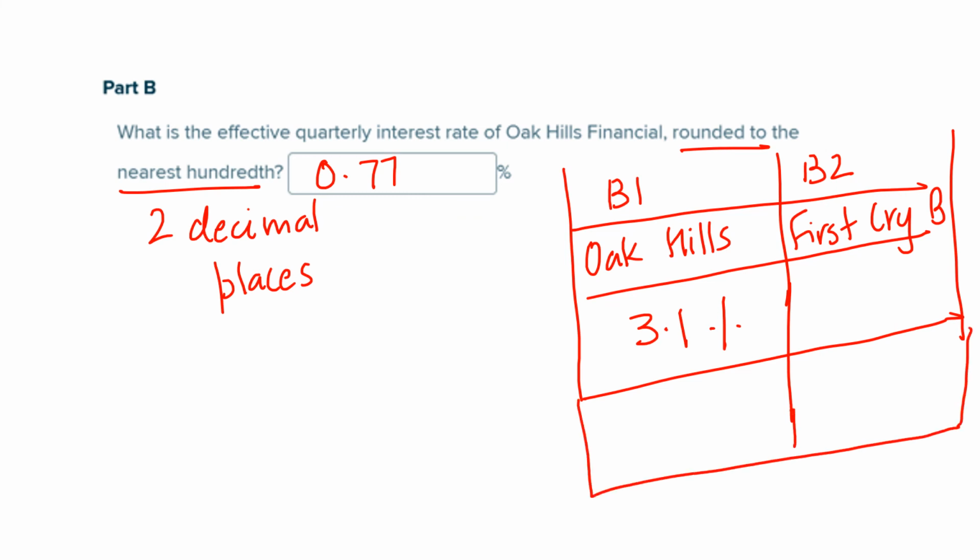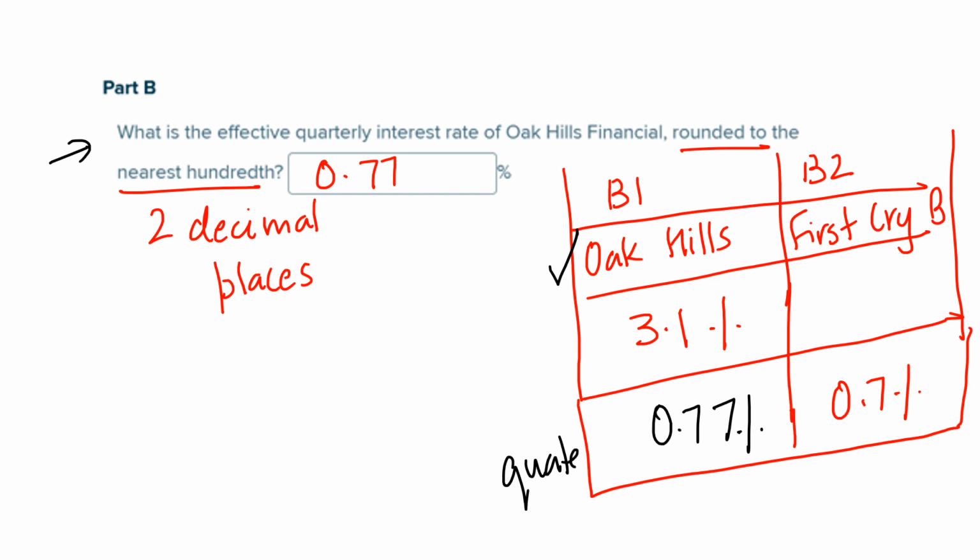And First Cry was 0.7%. This was also given. And in this part B, which we solved, we got for Oak Hills the rate for compounding quarterly. So I will mention that also. This is for quarterly and this is for annually. So it looks like till now Oak Hills is leading. It is giving more interest rate. So Tariq is definitely going to get a savings account in this bank because he will be getting more interest.